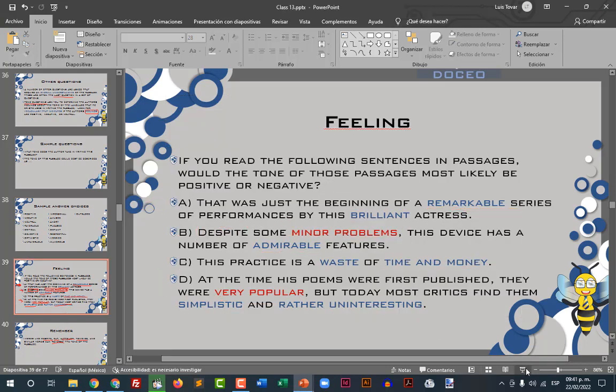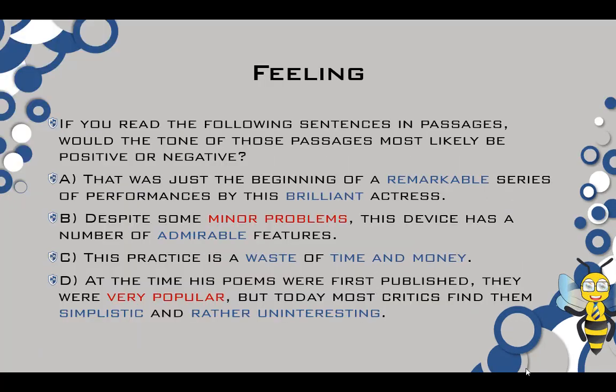Here we go. Okay. So tell me, it's an activity. You are going to tell me if the first sentence is expressing a positive feeling or a negative feeling. Option A: That was just the beginning of a remarkable series of performances by this brilliant actress.